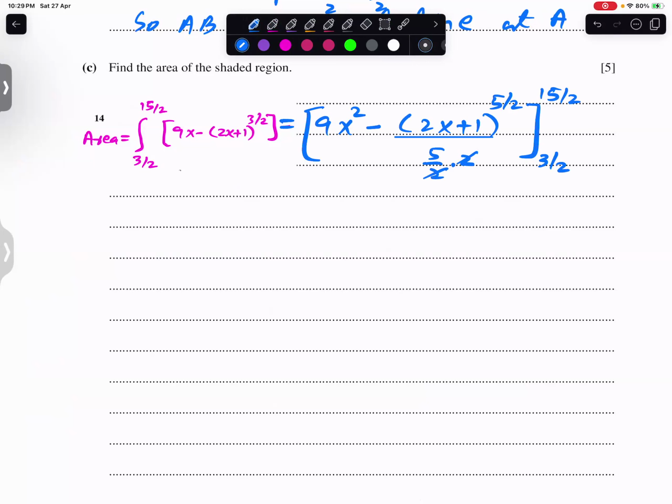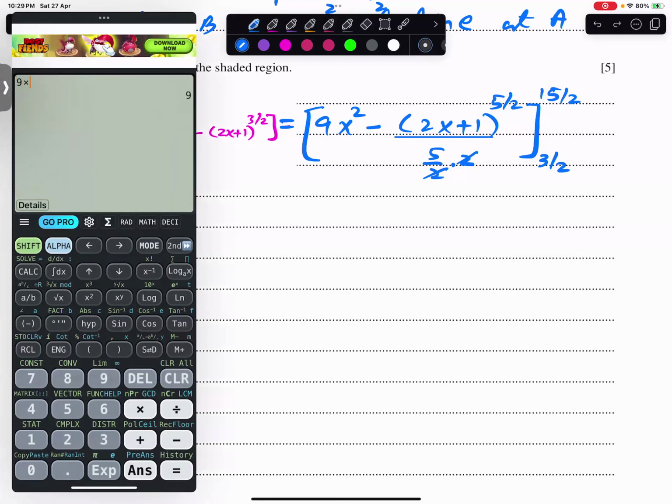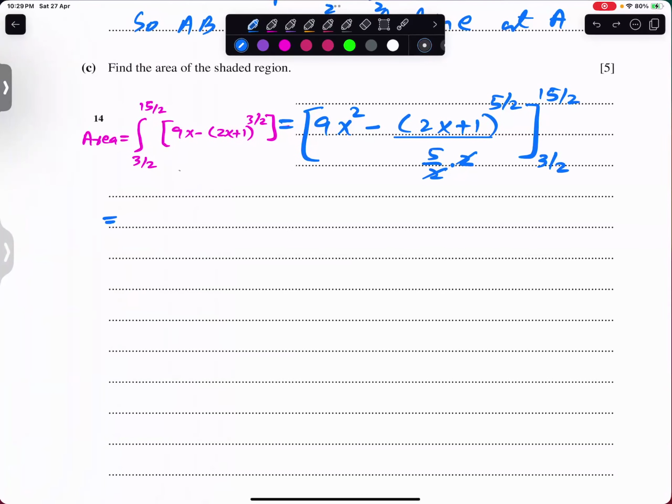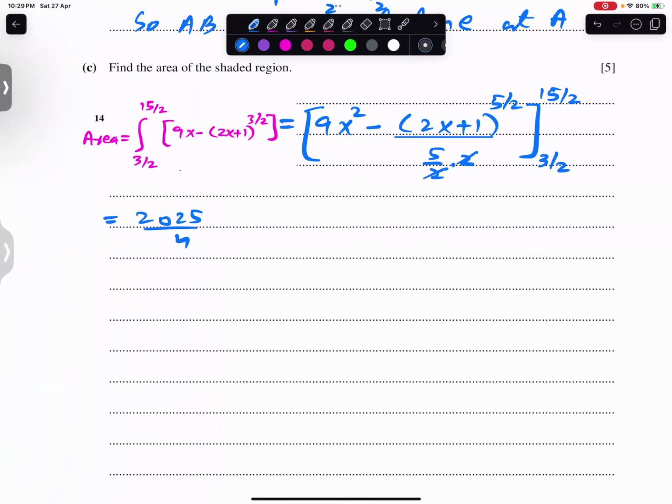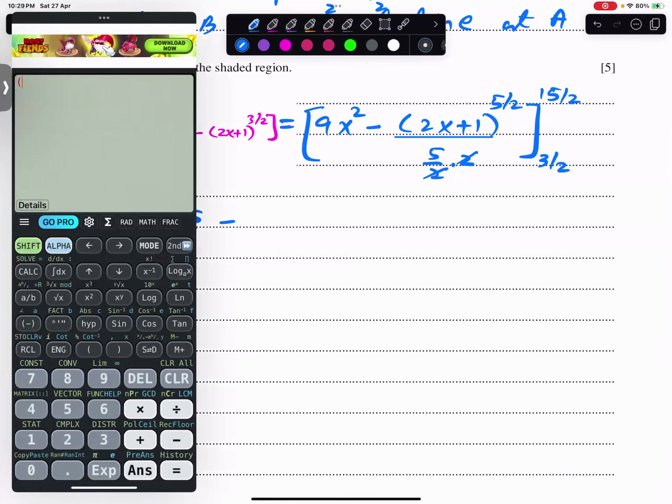Upper limit: 9 times 15 square divided by 4, so 2025 over 4, minus (15 plus 1), since if you put 15 over 2 here, the 2 will be cancelled out, 16 power 5 over 2.